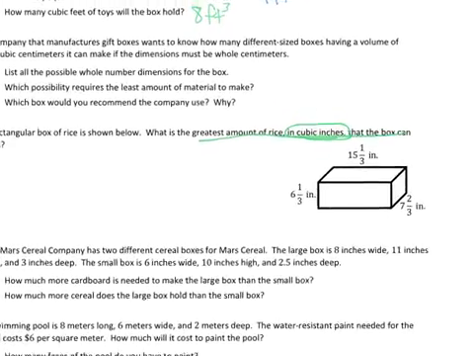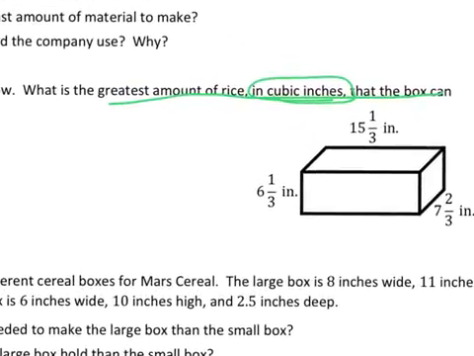I'm going to zoom in so I can get all my work in here. Again, I have 2 formulas, and I see I have a length, a width, and a height. It looks a little different than I'm used to, but I know if this is 15 1/3, then this is 15 1/3. So if I'm given length, width, and height, that's the formula I'll use.